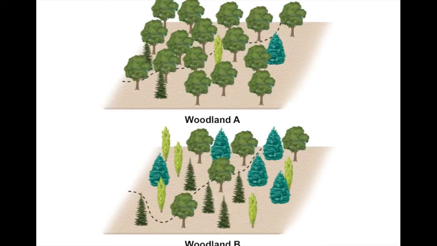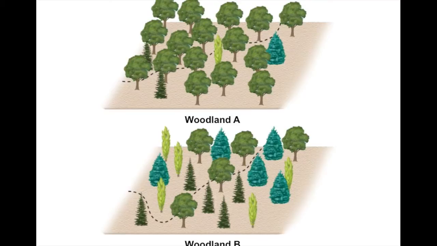And perhaps that is the tree species that defines the habitat. But when you look at woodland B, you realize that it's the same number of species, so just by looking at species, it doesn't necessarily give you a good idea of how diverse the habitat is, because in woodland B, the mixture is different. It's a lot more mixed, if you will.